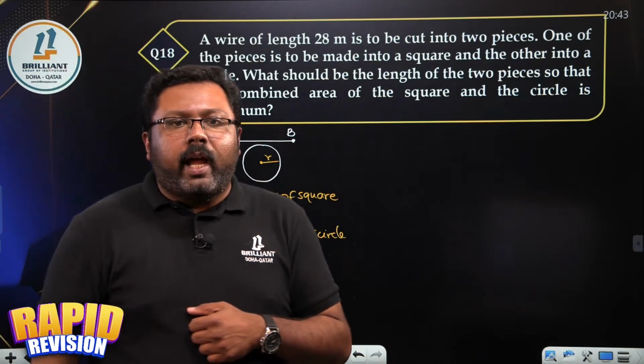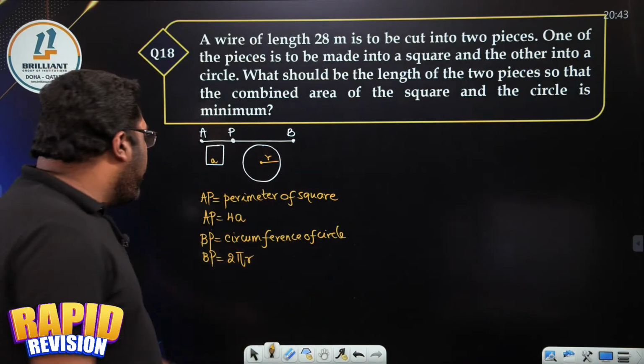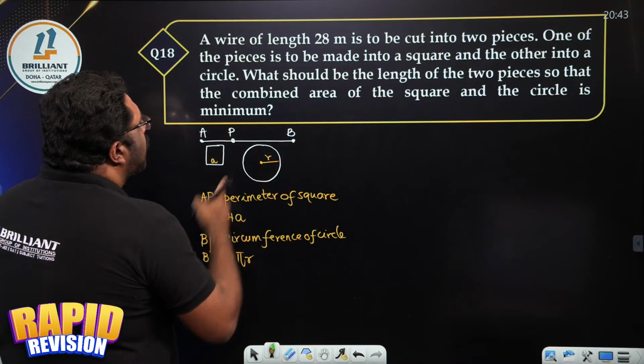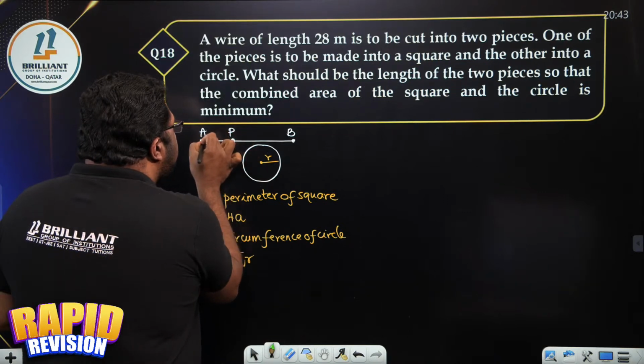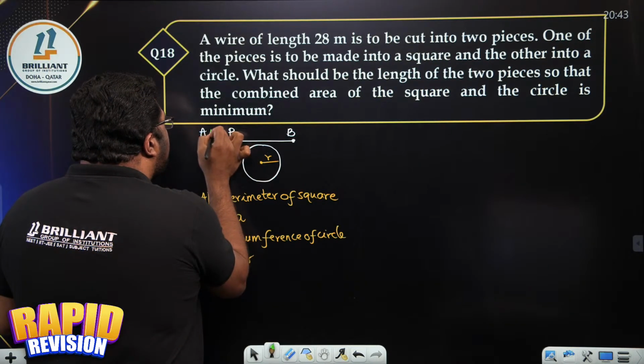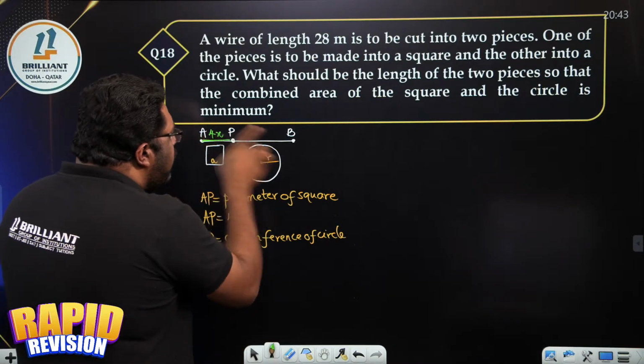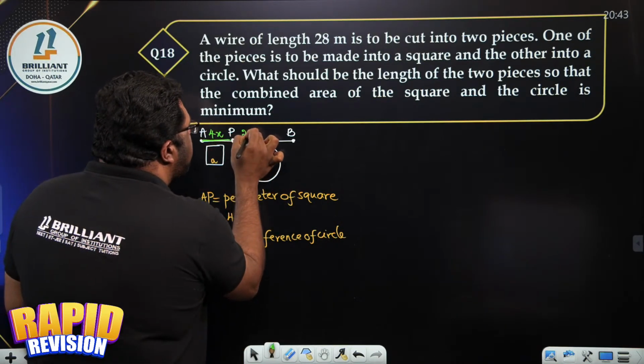AP is equal to 4a, BP is equal to 2 pi r. Now, let me assume that this length is 4x so that I can change everything in terms of x.